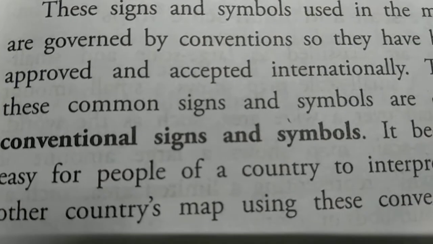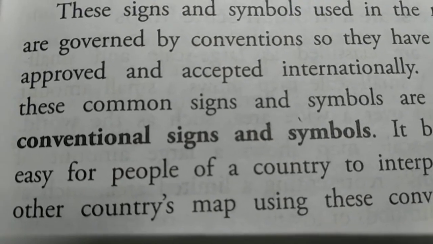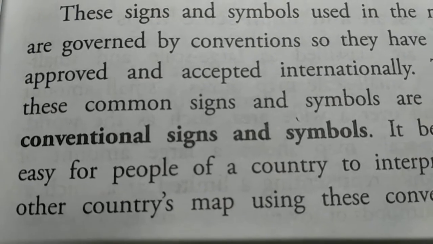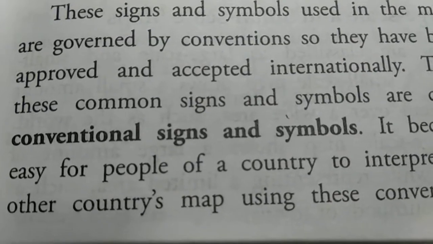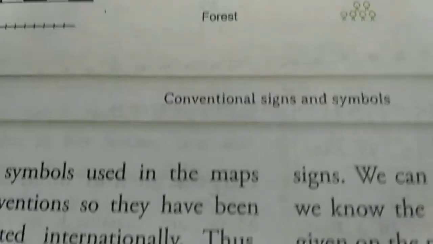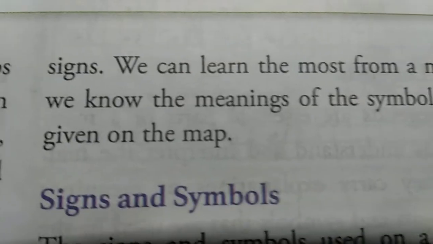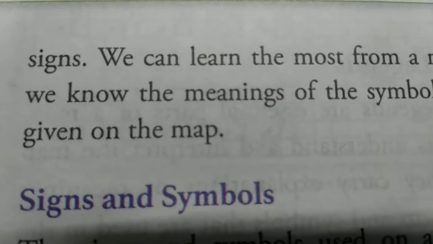So the same symbol should be used in every country, so that people from other countries, while using the map, are able to know what the symbols are saying. So the meanings have to be the same.